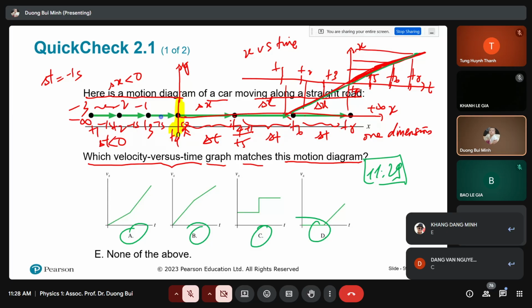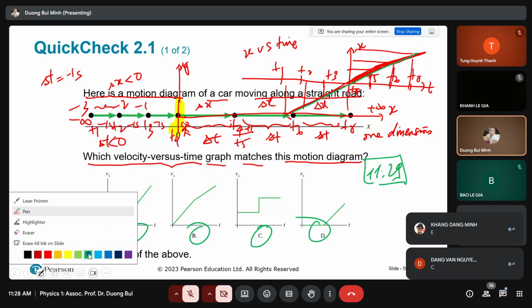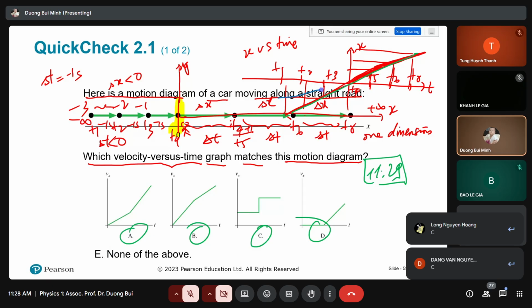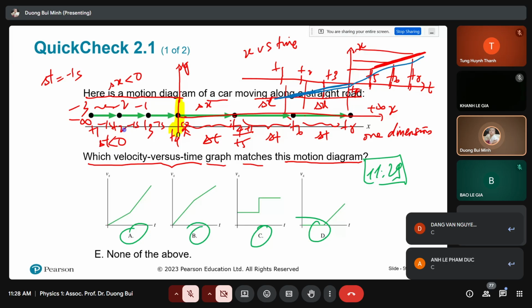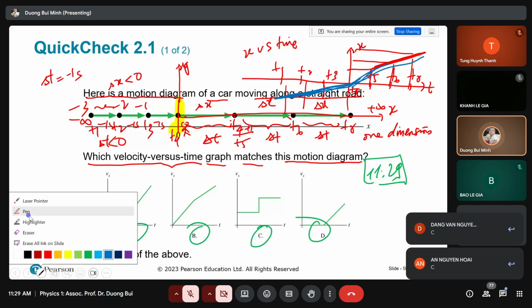Actually, delta x is smaller, so it should be like this. We get the curve like this because delta x is smaller. If we have the same delta t and different delta x, you get the curve like this. It's just an assumption, because we don't know exactly.